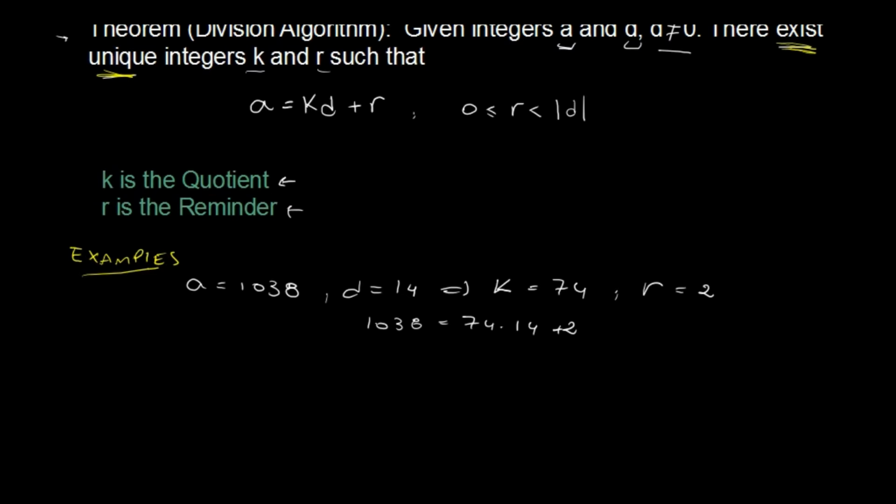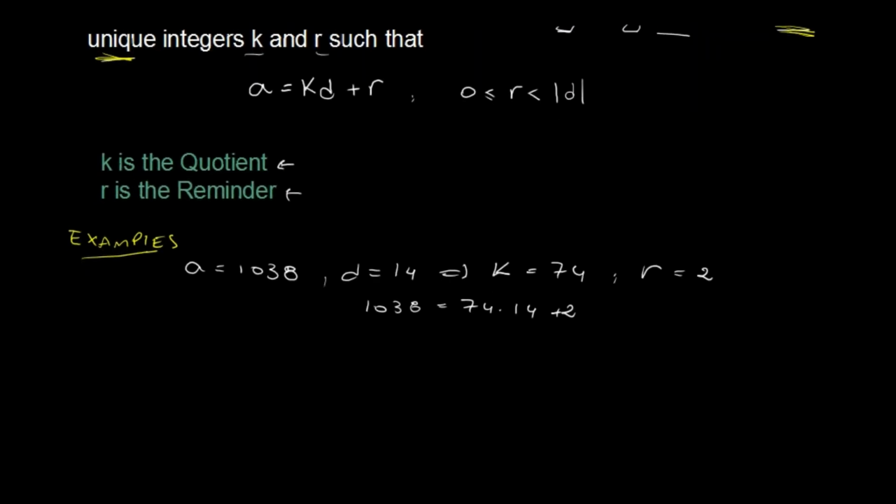Now, this looks very simple, but what happens if instead of a equals 1038, I have that a equals negative 1038 and d 14? Well, we know, because of what we just saw, that 1038 equals 74 times 14 plus 2.